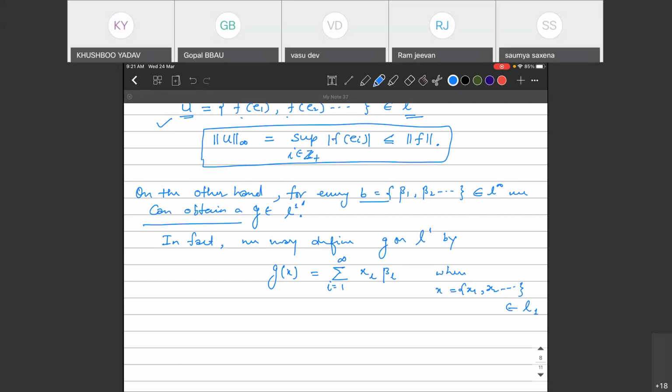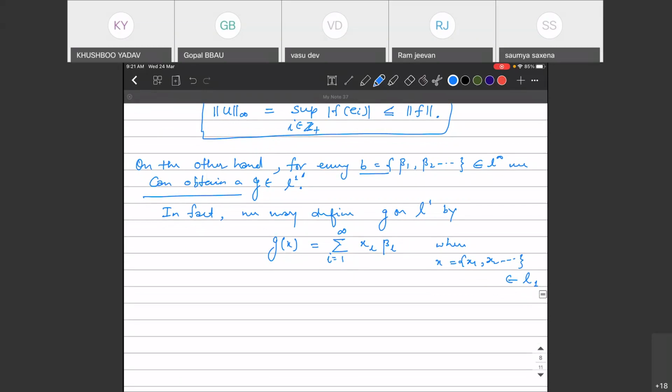Okay. So this g is linear. This is clearly linear. You can prove this. G is linear. This is easy to show.